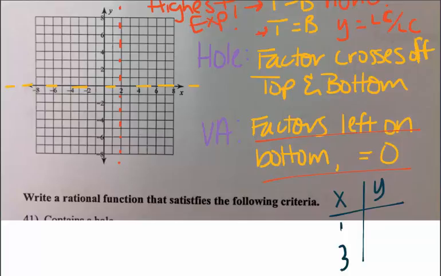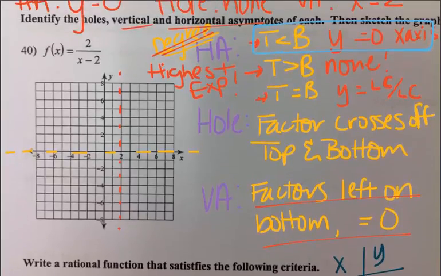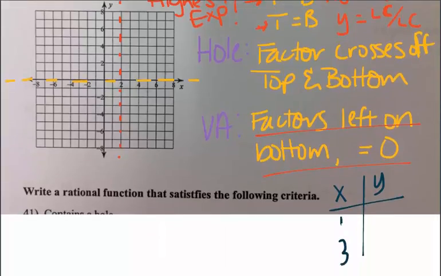So we're going to plug in a 1 into this little teeny tiny x up here. So 1, how about 2 over 1 minus 2? Well, if you plug that into your calculator, out pops a negative 2.